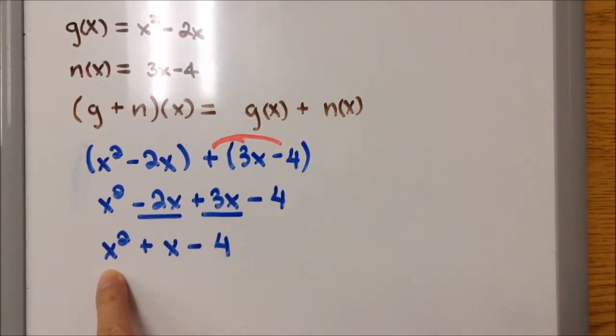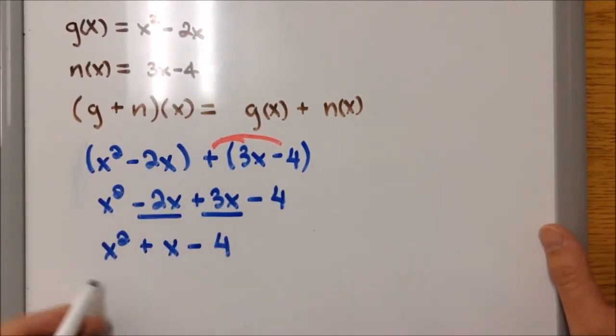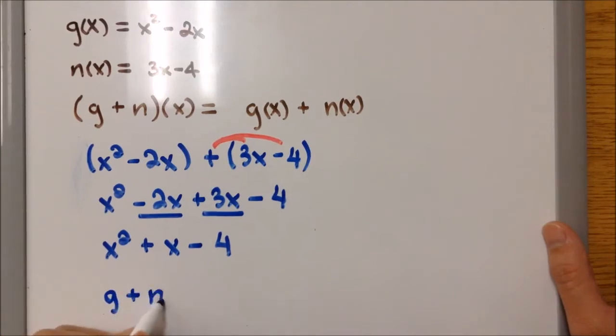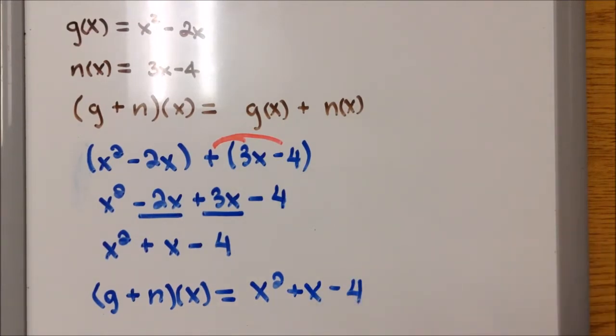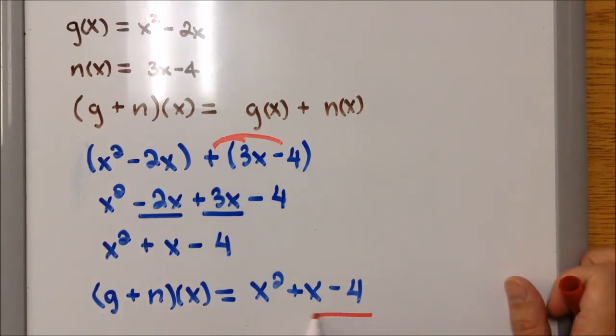X squared is by itself, x is by itself, and the 4 is by itself. Pretty much done. So I'm going to write out the answer form. So g plus n of x equal x squared plus x minus 4. So that's pretty much it for adding two functions.